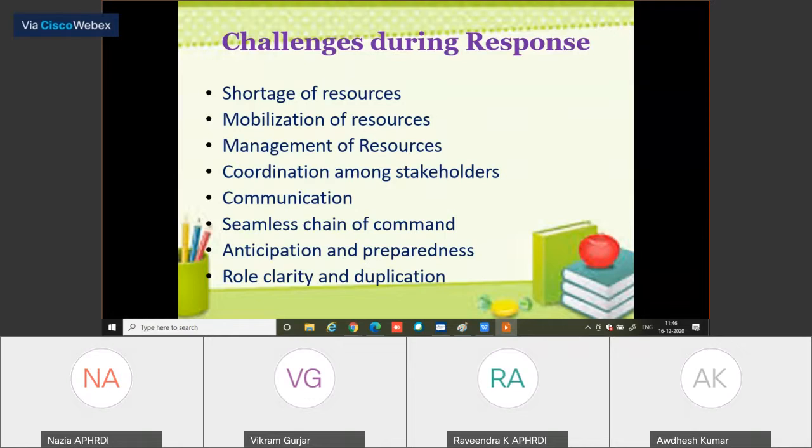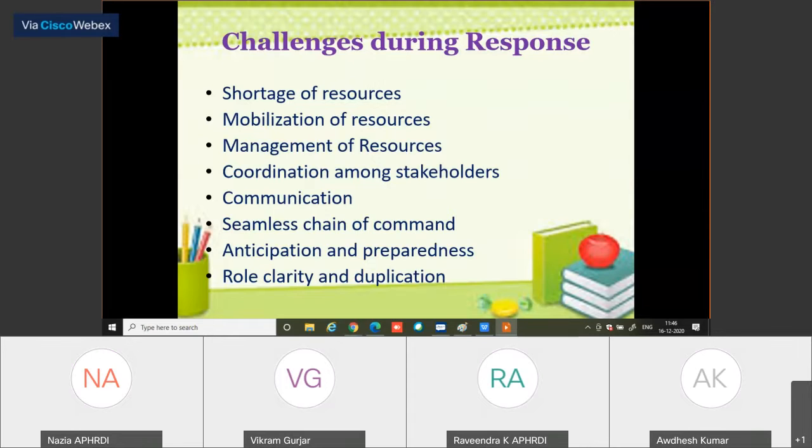In response activities in disaster situations, we may face the following challenges: the shortage of resources, the mobilization of resources, management of whichever resources are available, and coordination among stakeholders.